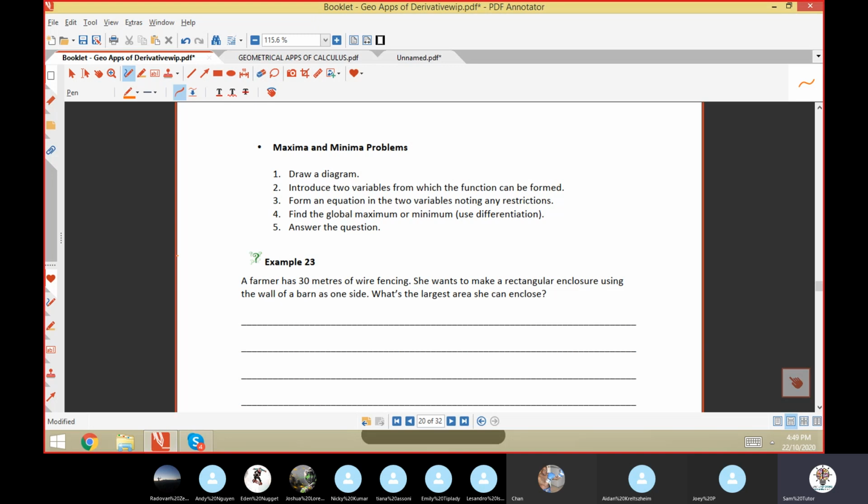Step 1, for us, 2 equations. How about that? Step 1, 2 equations. One needs to have 3 variables. One needs to have 2 variables. So 2 equations, one's going to have 3 variables, one's going to have 2 variables.